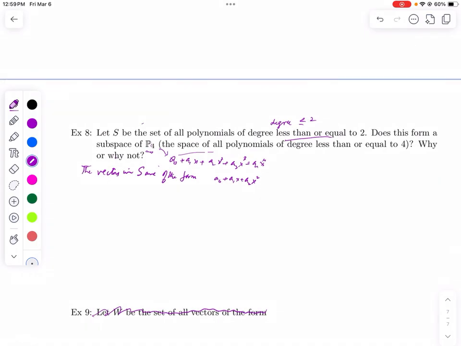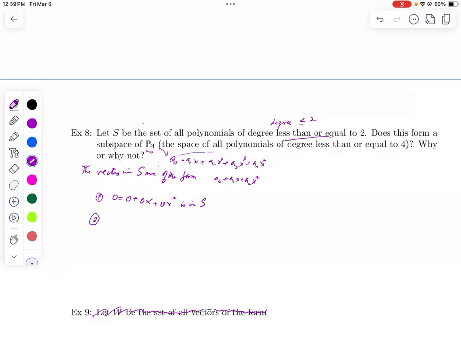So we know that 0 can be written as 0 plus 0x plus 0x squared. So it is in S.